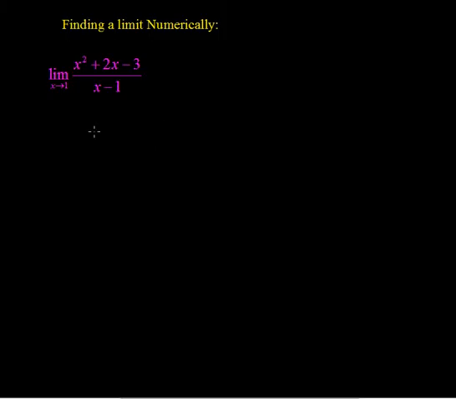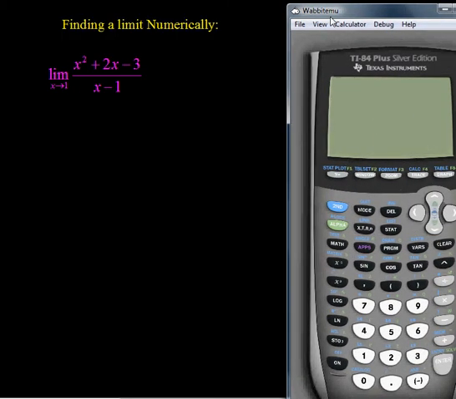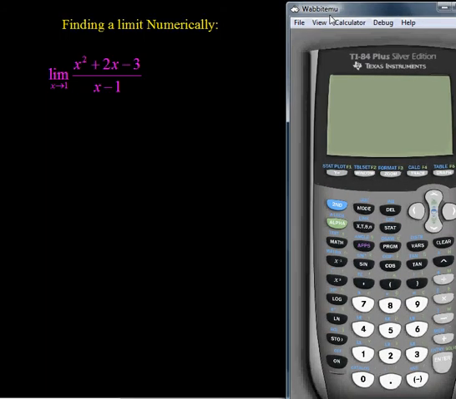This is actually the first function we looked at: x squared plus 2x minus 3 over x minus 1. Remember, before we looked at the graph, and we saw that the graph was approaching, I believe, 4 as x approached 1. So let's take a look at a calculator here.